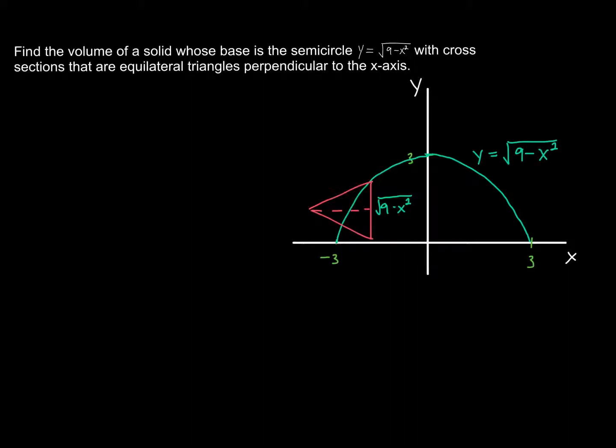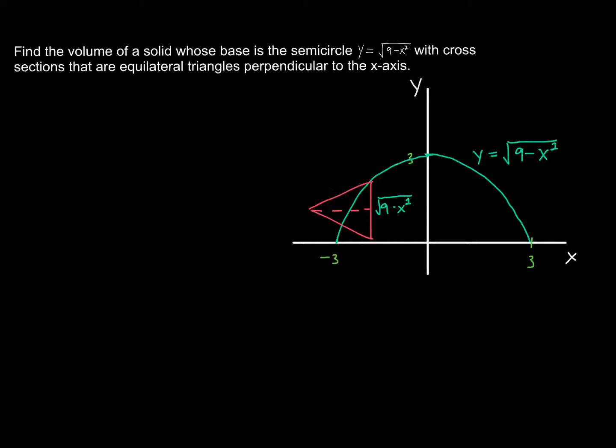Now, the height requires a little bit of thinking if you don't remember the equation. Here we have a height that runs perpendicular to the base. If you consider this triangle here, this is a right angle, this is a 60-degree angle, because we had an equilateral triangle, and that makes this a 30-degree angle. You can go back to your unit circle to remember this.